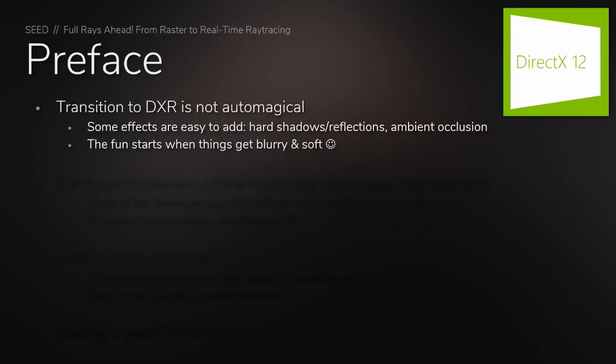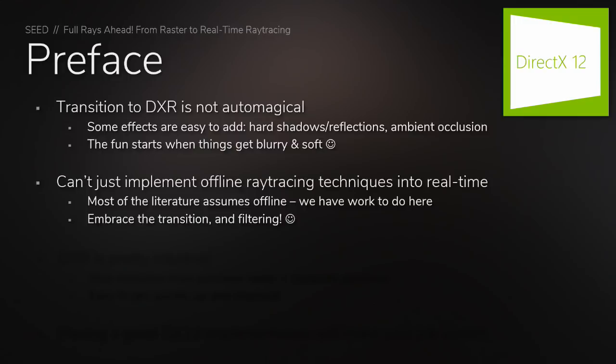Most ray tracing techniques from books assume offline ray tracing, like perfect ray tracing, so there's still some work to do if you want to adapt those techniques for real time. This means you need to embrace, upfront, filtering and adapting techniques to the constraints of real time.